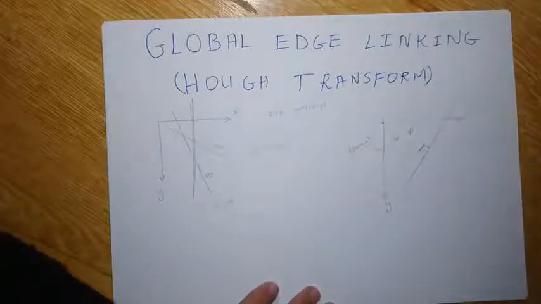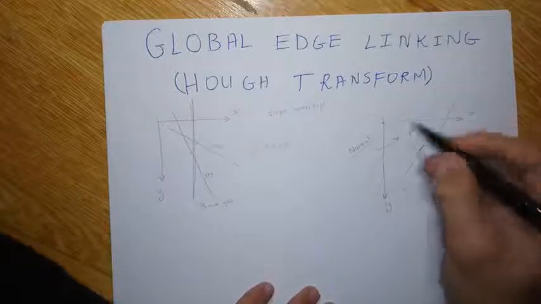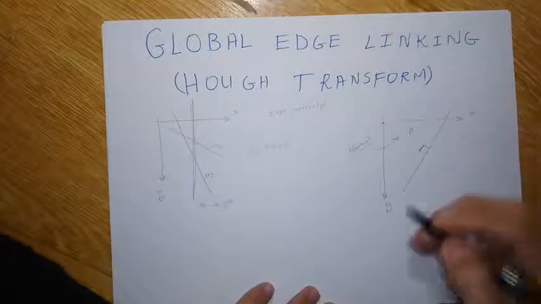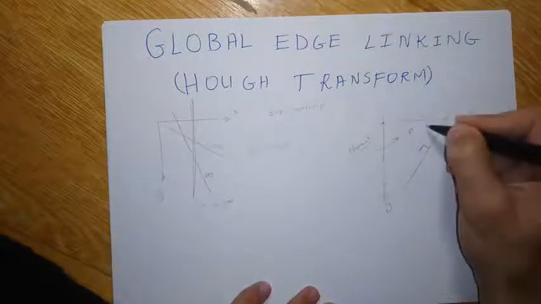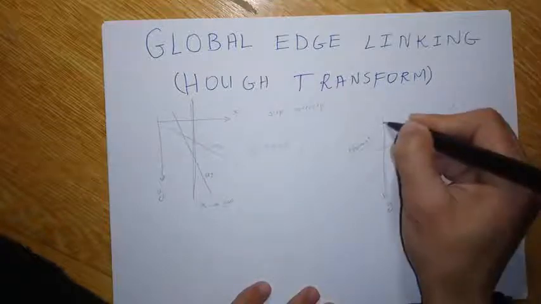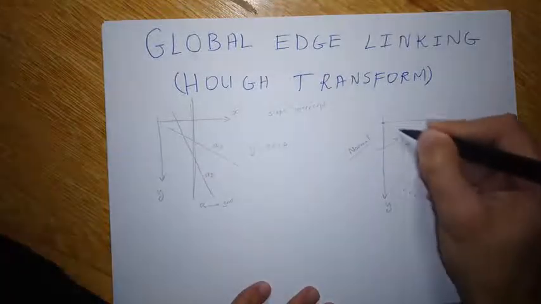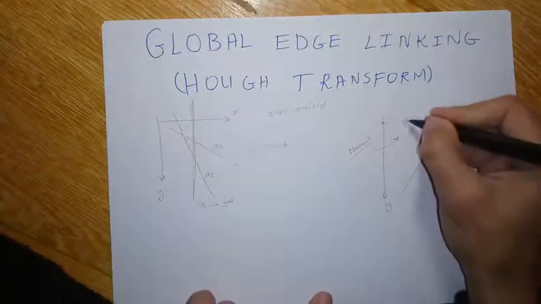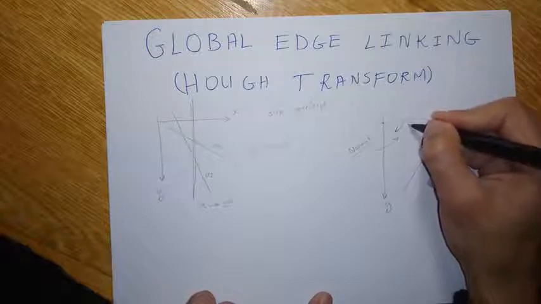And the second parameter is theta, the angle measured from the x-axis to the normal. So it is given by this angle.